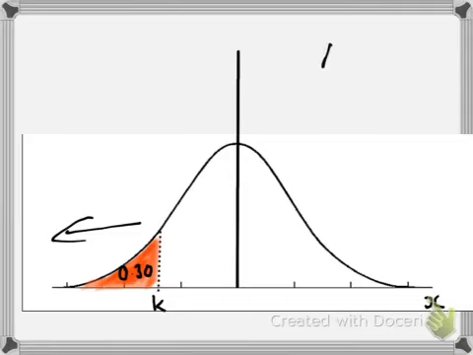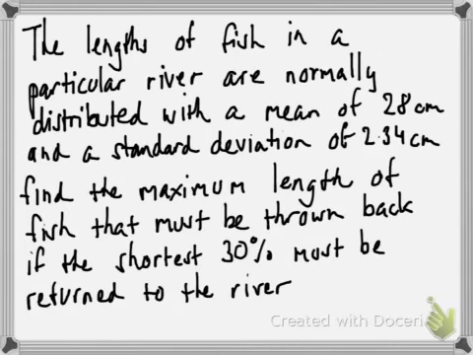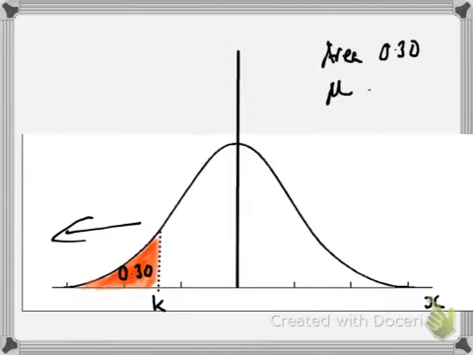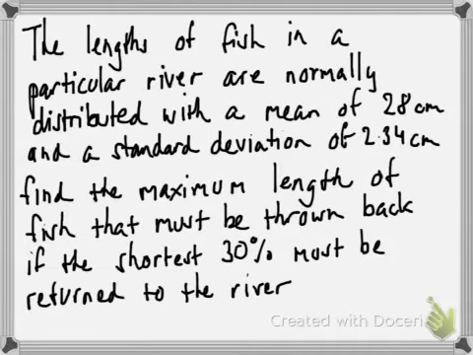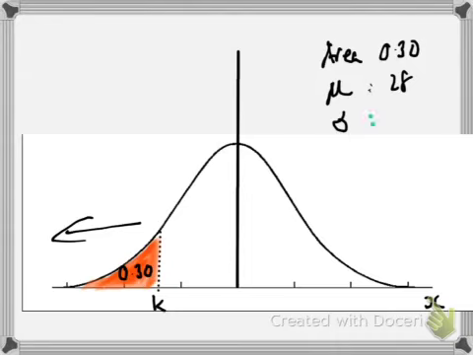Our area is 0.30. Our mean was 28. Our standard deviation, getting that from back in the question, was 2.34.